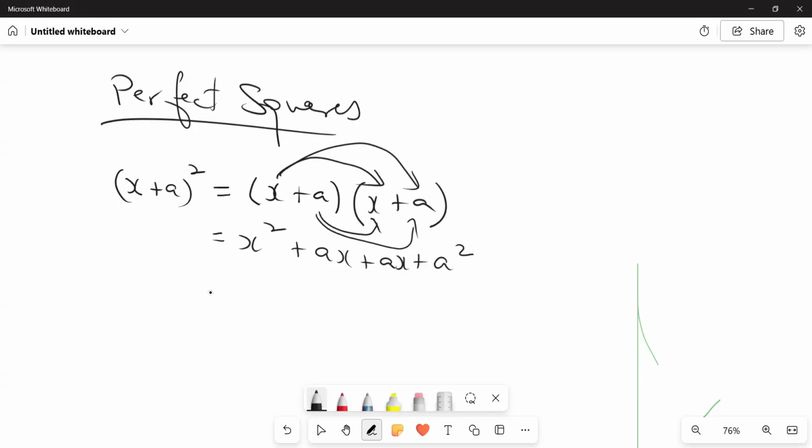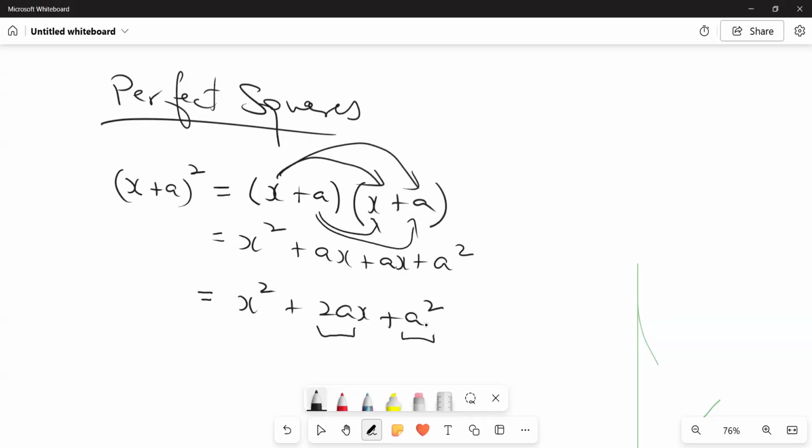And you get x squared plus 2ax plus a squared. So I want you to notice something about perfect squares. If you take half of the coefficient of x, which is 2a, half of this is a, and you square it, you get the last term. Notice that.